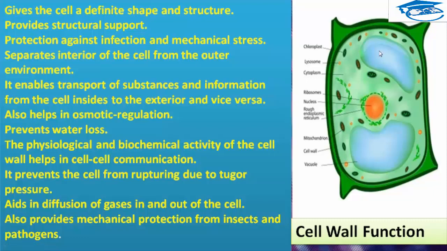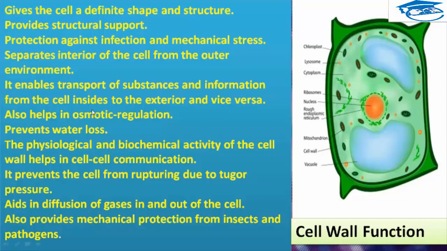It enables transport of substances and information through plasmodesmata, which act as a connecting link between two cells, from the cell inside to the exterior, or it could be vice versa also. That means from outside to the inside. It enables transport of substances and information. Information means hormones.